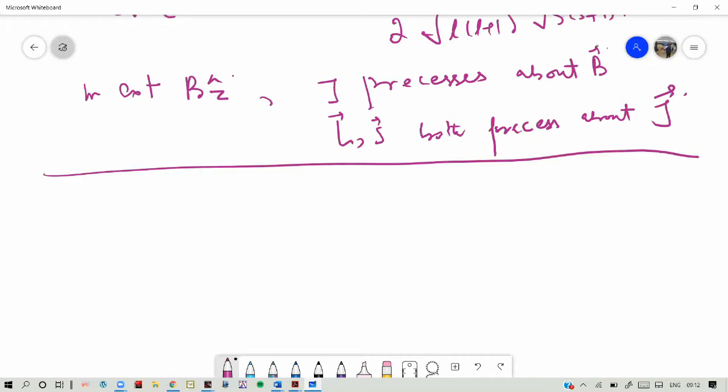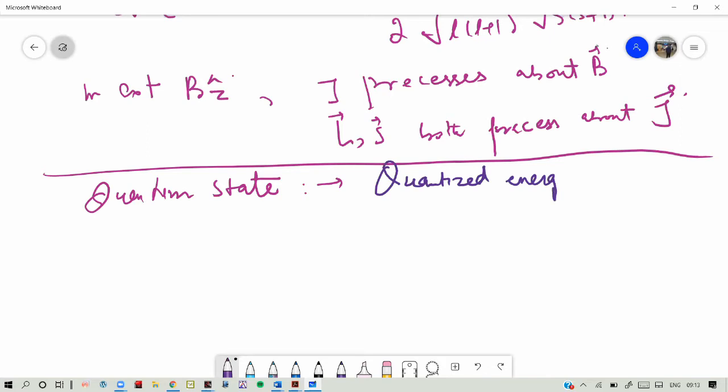So up to now we can say that the quantum state means quantized energy states of an atomic electron.